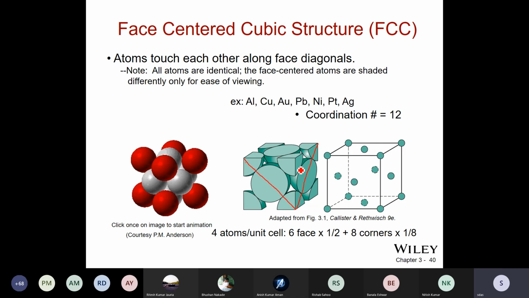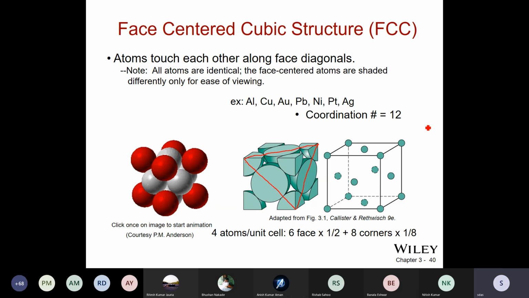This is a face diagonal position. So difficult to draw it with this. So they are touching each other along the face diagonals. You can choose any one of those corner atoms or any one of the face-centered atoms and find out each atom is touching 12 nearest neighbors.